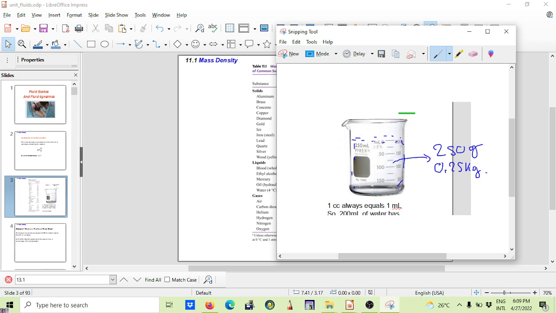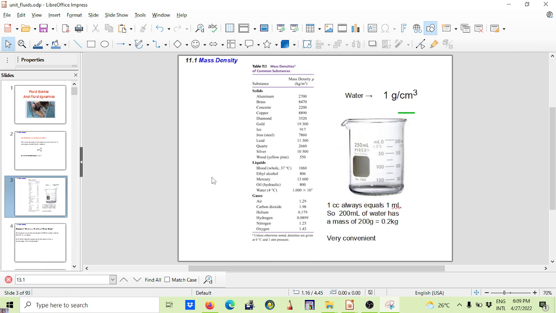So you don't have to use the technique of finding the mass of the beaker when it's empty and the mass when it's full, and subtracting. You don't have to do that with water. Right away, if it's 250 milliliters, that's going to be 250 grams. Okay, so it's nice to know.